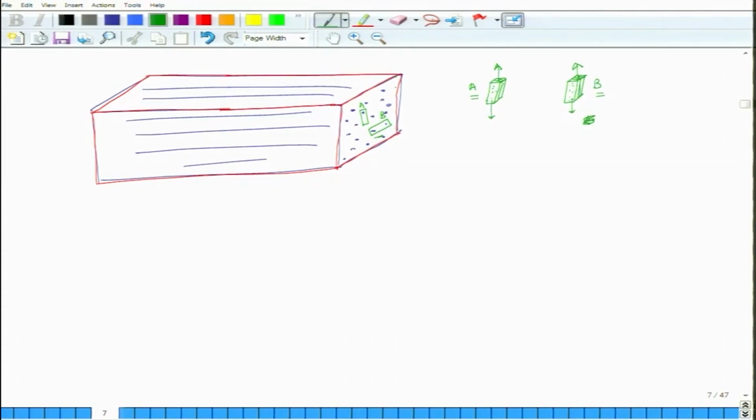I can also cut material like this. So, what happens in this case? I can also cut material like this and I can test this material like this, right.